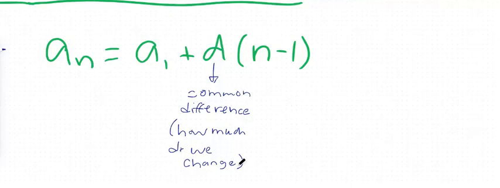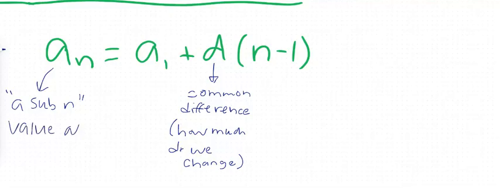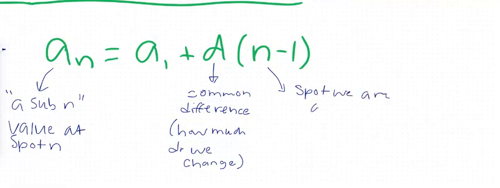Okay. Our a sub n, we pronounce this a sub n, and that means the value at spot n. Okay, so n is referring to what spot are we at. n refers to the spot we are at or want.